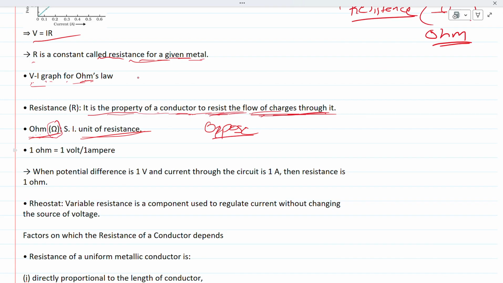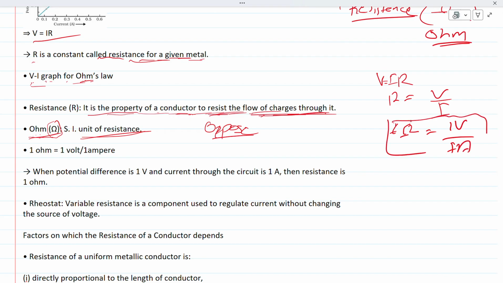1 ohm. What is the meaning of 1 ohm? As we already mentioned, V is equal to IR, so R is equal to V by I. So 1 ohm resistance is equal to 1 volt by 1 ampere. Can we all say that? 1 ohm is 1 volt per ampere.